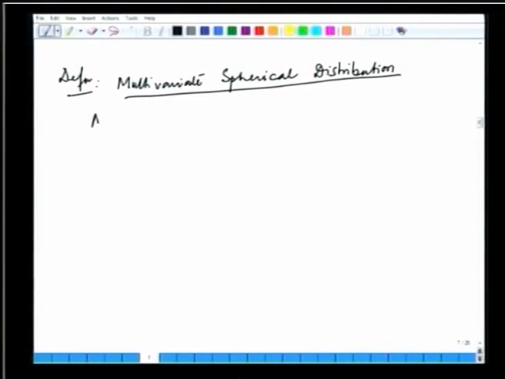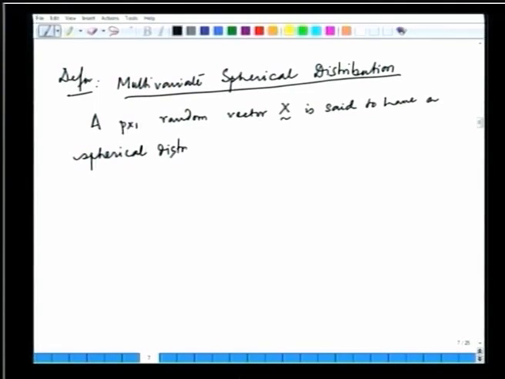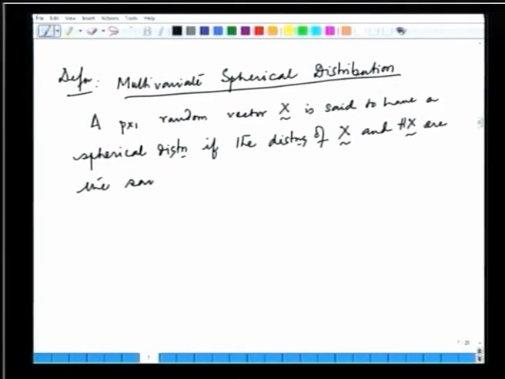we say that a p dimensional random vector x is said to have a spherical distribution, obviously in this case a multivariate spherical distribution, if the distributions of x and Hx are the same for all p by p orthogonal matrices H. Obviously, we are considering a square matrix, this being p cross 1.